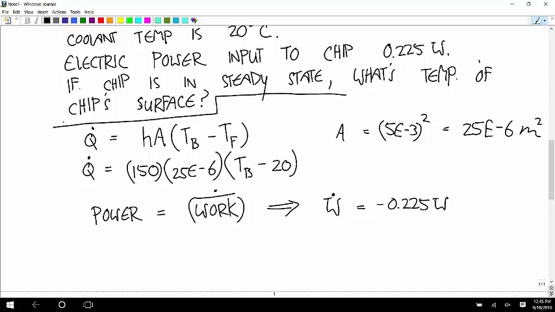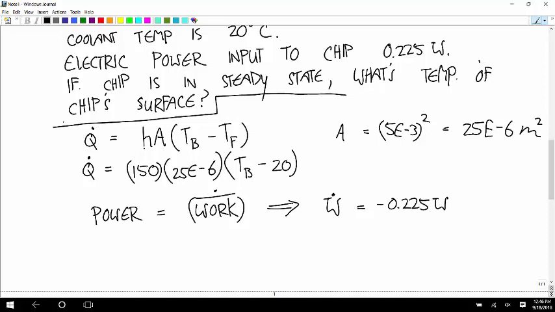And we have to think about the sign of this Q dot too. The formula gives it to us in a sign convention that doesn't reflect the sign convention for the first law. Is the temperature of the body going to be higher or lower than the fluid? It's going to be higher. We're using that to cool it down.